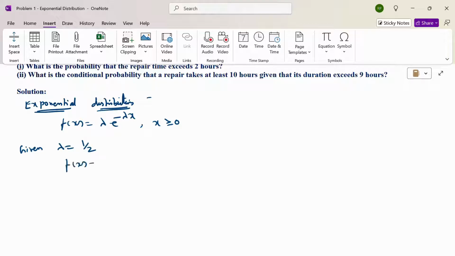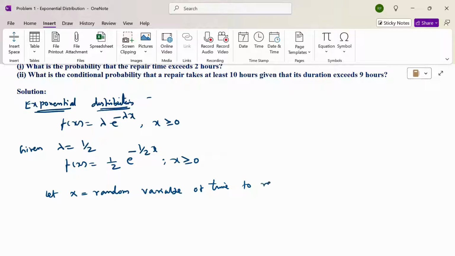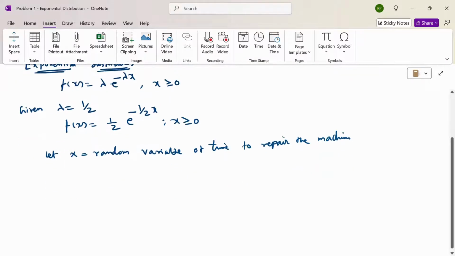Therefore f of x equals 1 by 2 e power minus 1 by 2 x, x greater than or equal to 0. And what is x? X is nothing but the random variable of time to repair the machine. So this is the x value.